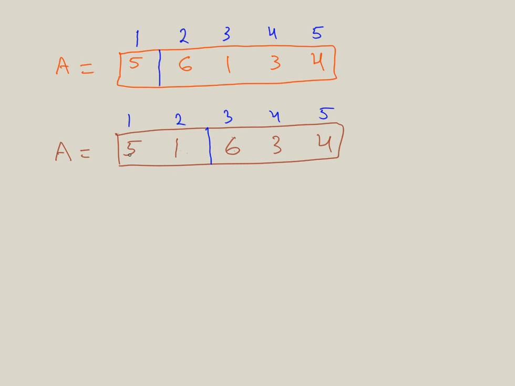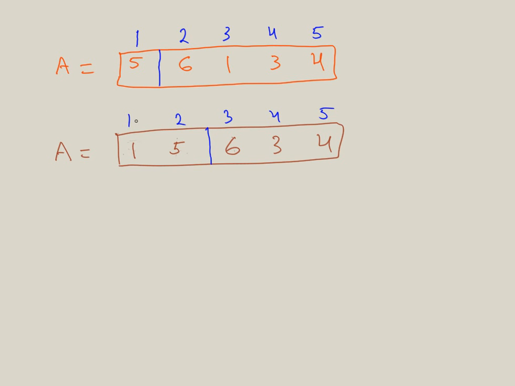Is 1 less than 5? Yes, it is. So we swap these values. This is basically the entire algorithm. You just keep repeating this until you reach the end of the array. So 1 comes here and 5 comes here.